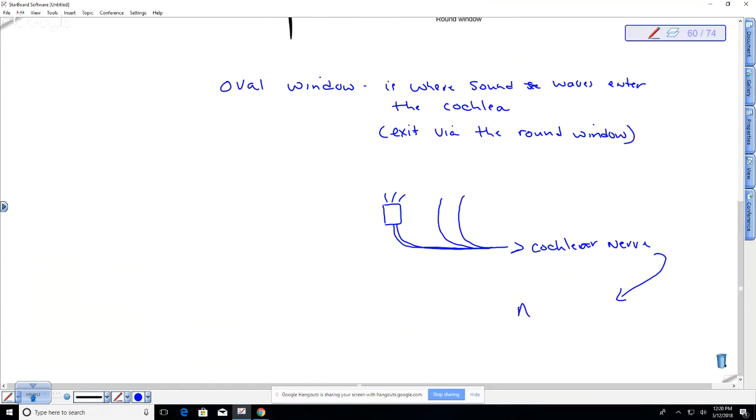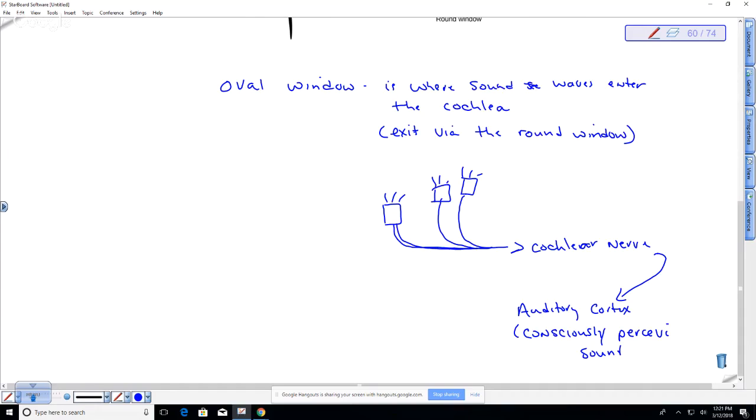And so it goes to the auditory cortex. And the auditory cortex is where we consciously perceive the sound. So I could draw multiple hair cells here. Okay.